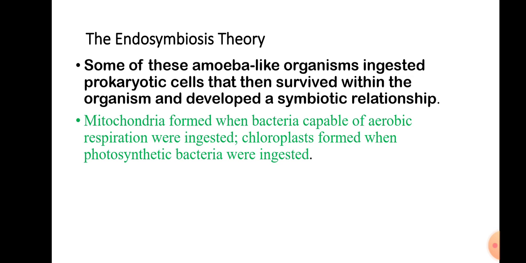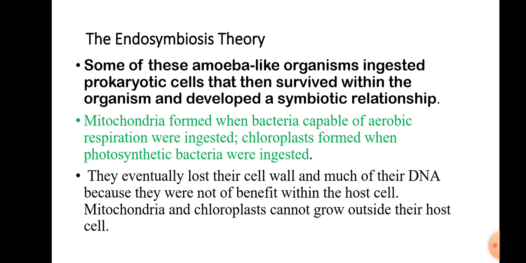That prokaryotic cell is able to do respiration, which is aerobic respiration. And then chloroplasts formed when prokaryotic photosynthetic bacteria were ingested. They eventually lost their cell wall and much of their DNA because they were not of benefit within the host cell.